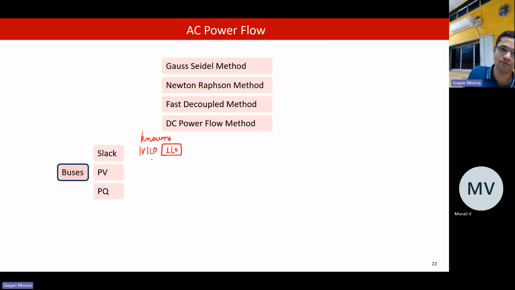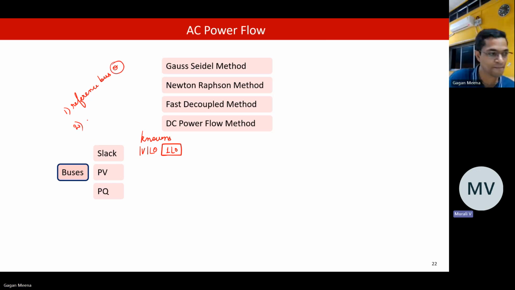So why do we need a slack bus? Because we need a reference to calculate the other remaining angles. Correct, so one is for reference; with respect to the slack bus, we will calculate the other bus angles. Slack bus and reference bus can be different also, but here we generally consider the slack bus as the reference bus. What is the other role of the slack bus?